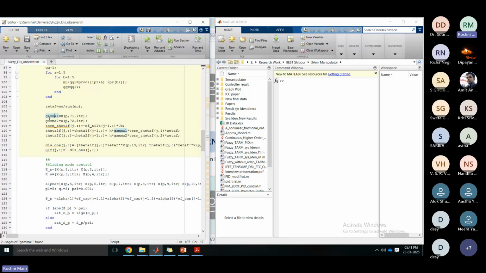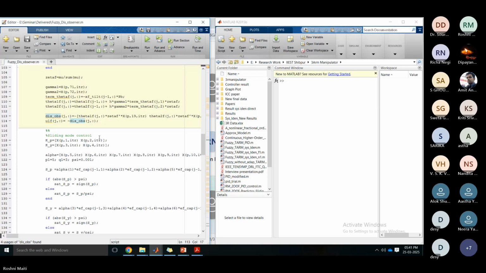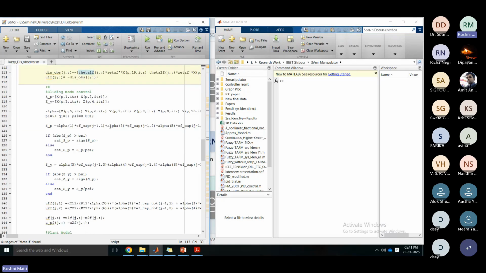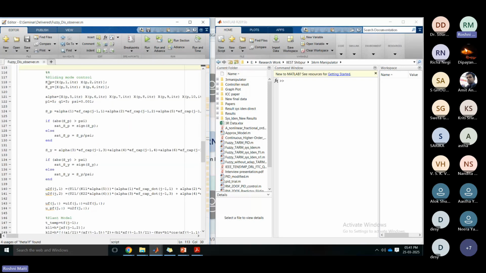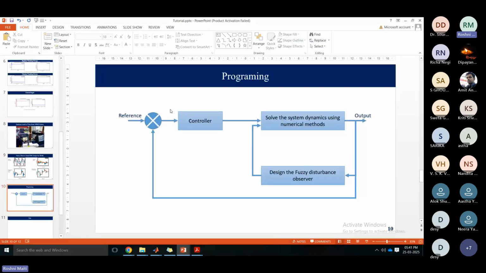So ultimately we are getting total theta into zeta, which is our observed disturbance. So whatever disturbance we are observing, we have estimated by using this fuzzy logic based observer.